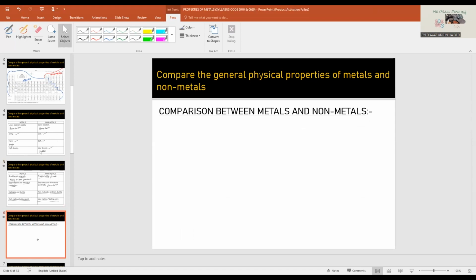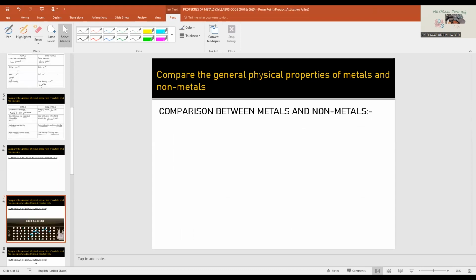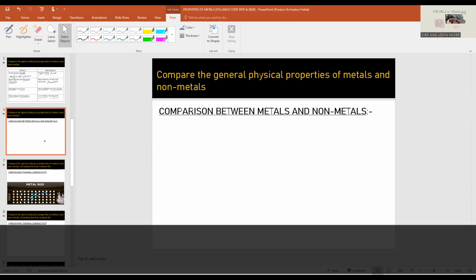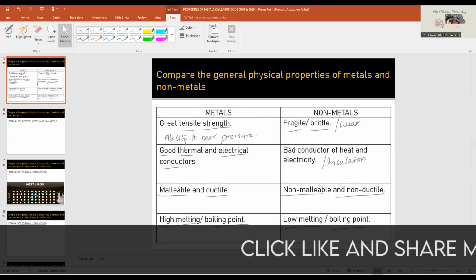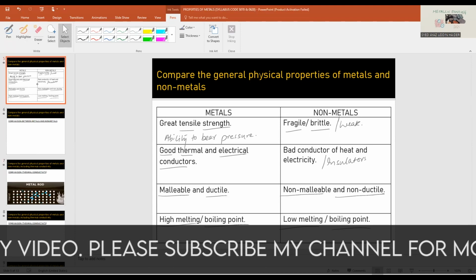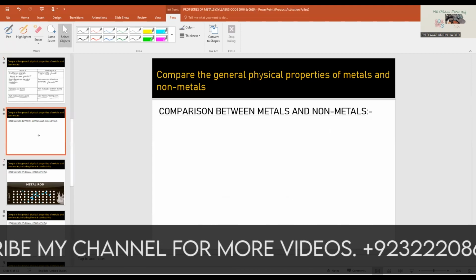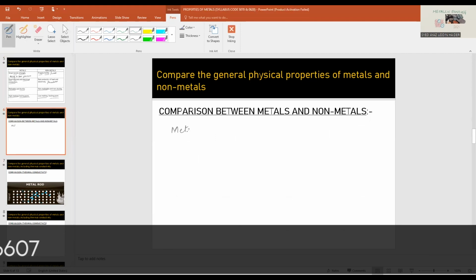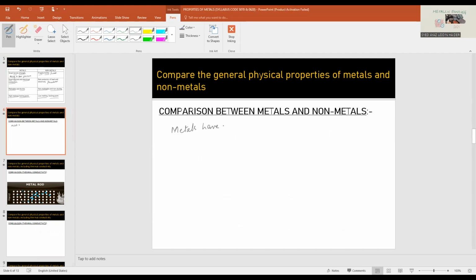So I'll continue with the comparison between metals and non-metals when we talk about a few characteristic properties of metals, like I've just discussed: the melting and boiling point. Metals have strong metallic bonding.